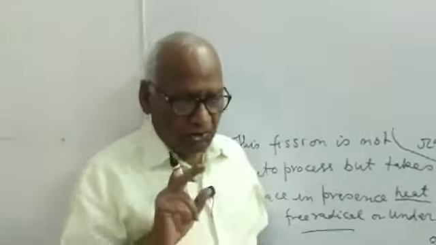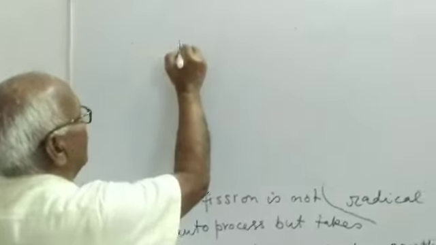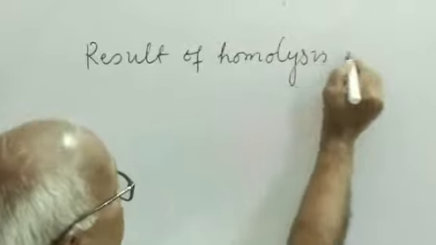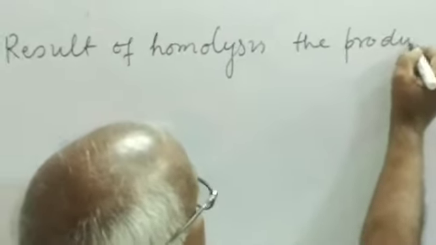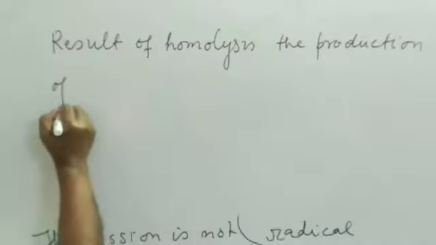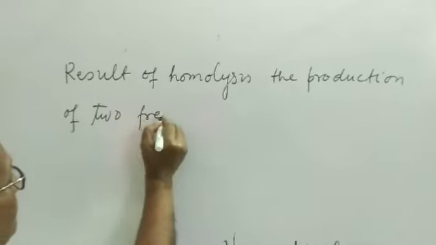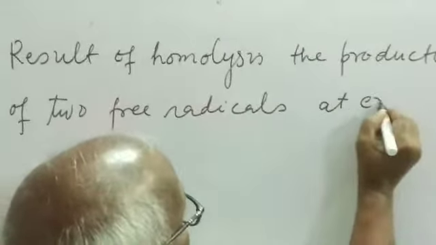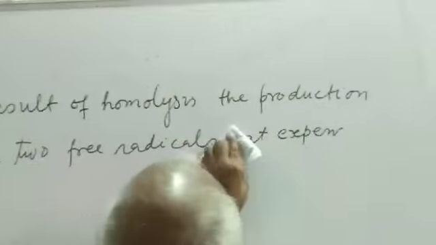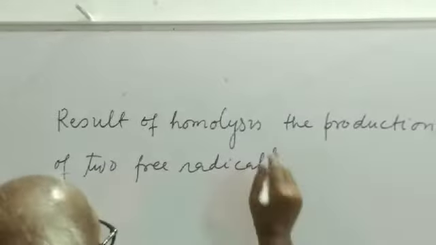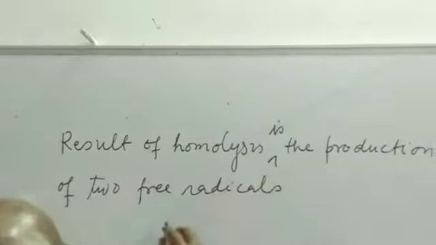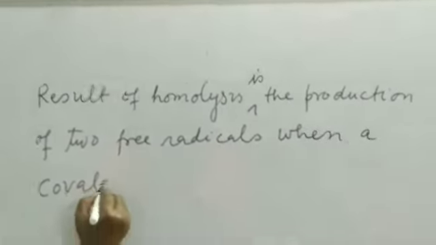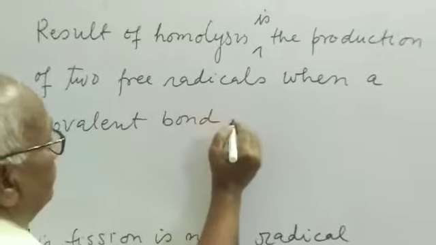The result of homolysis is the production of two free radicals when a covalent bond breaks up.